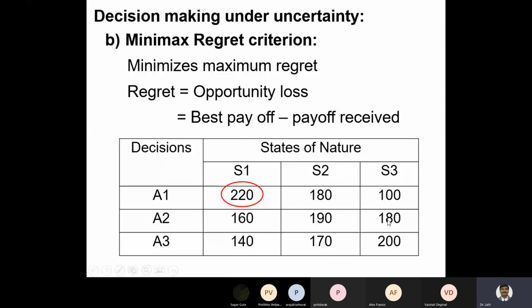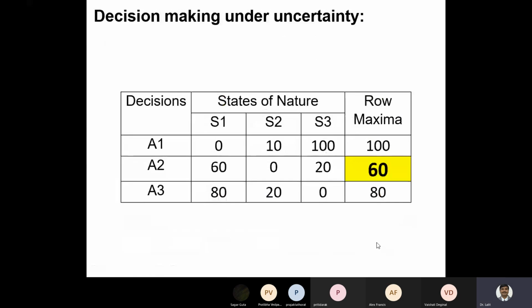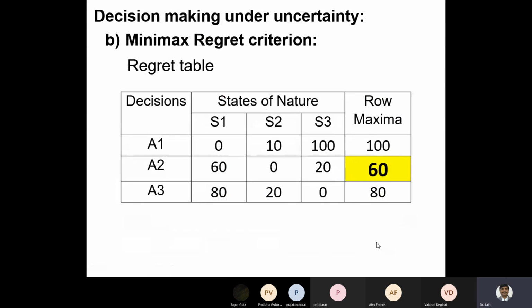Similarly, for the third state of nature, the maximum payoff is 200, so here regret would be 100, 20 and 0. Okay, so we'll get this type of regret table.